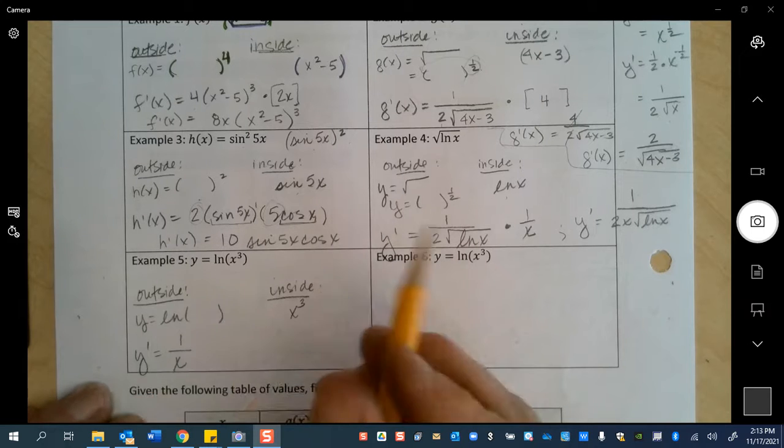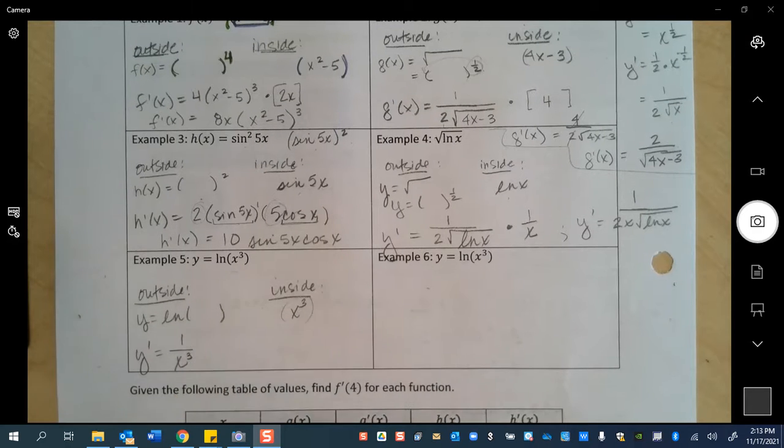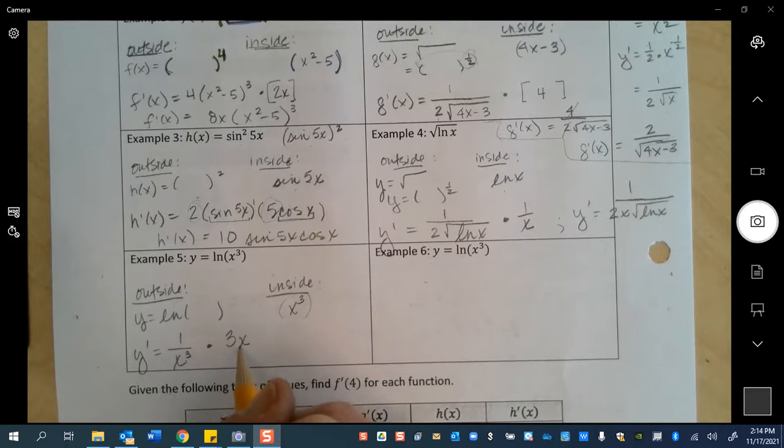And that x was my inside term. And then that derivative of that inside term is going to be 3x squared.